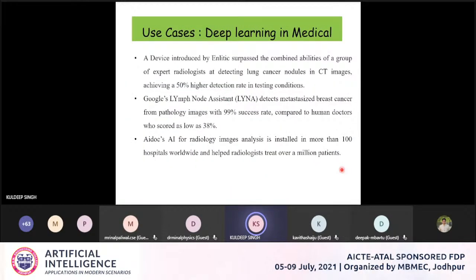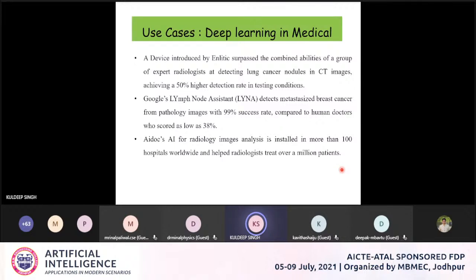There are certain use cases of deep learning in the medical field. There is a startup called Analytic. It has developed a device that has surpassed the combined abilities of a group of expert radiologists in detecting lung cancer in computed tomography images. So in some cases, these deep learning powered medical diagnosis tools have surpassed the performance of doctors and radiologists.